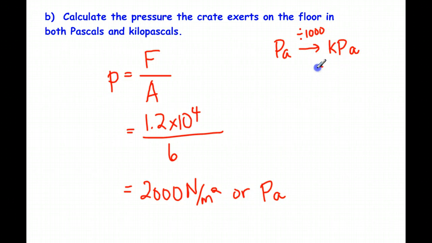And if you were going back, kilopascal to pascal, you're multiplying by 1,000. And that's it. So anytime you put kilo in front of just a regular unit, you're dividing by 1,000 to get it, multiplying by 1,000 to get back. And just know that a newtons per meter squared can also be a Pascal. You'll see that in your textbook as well.